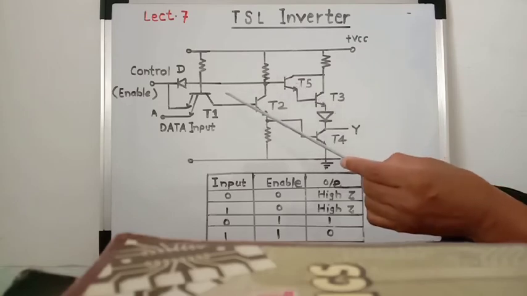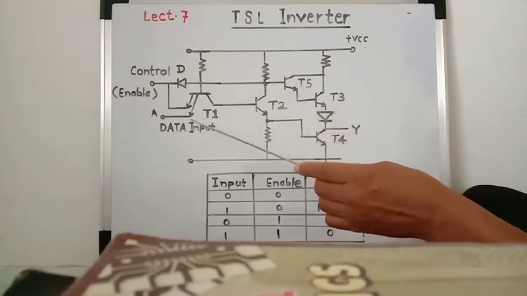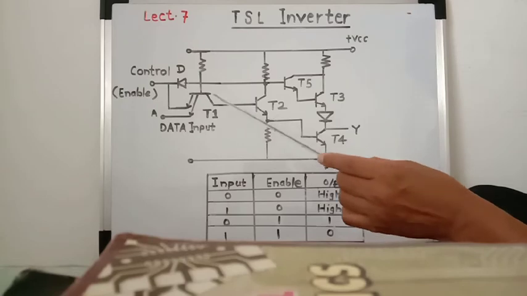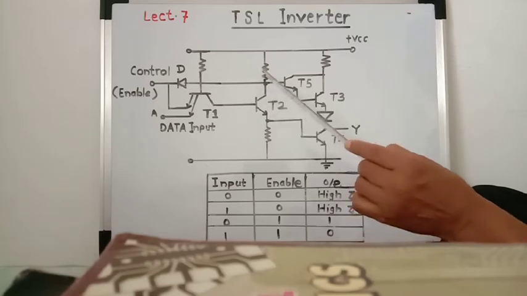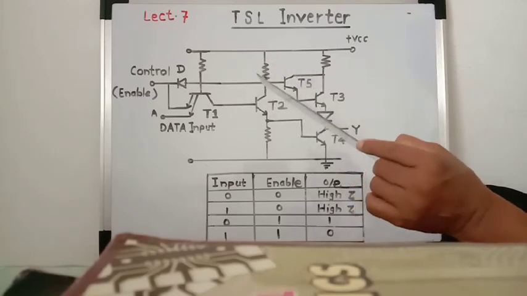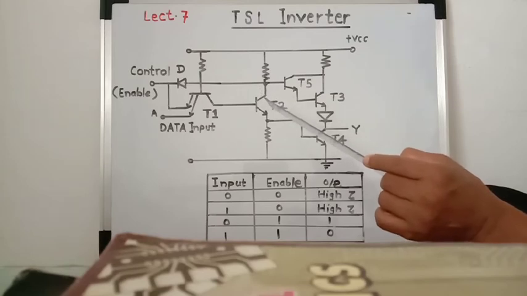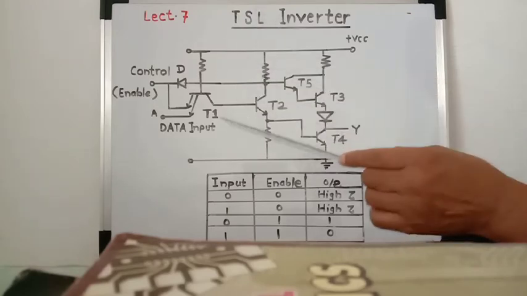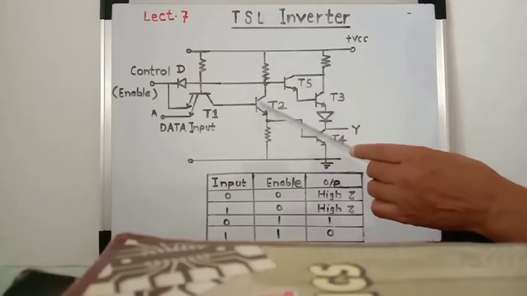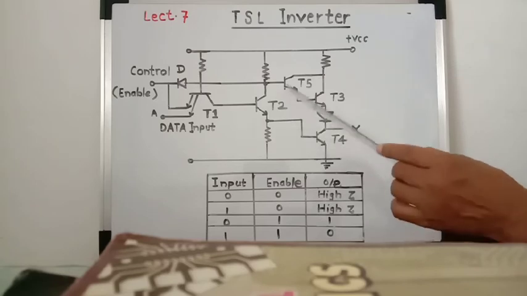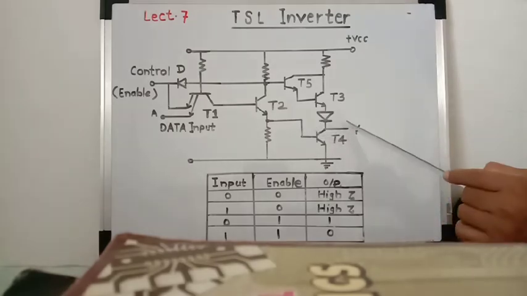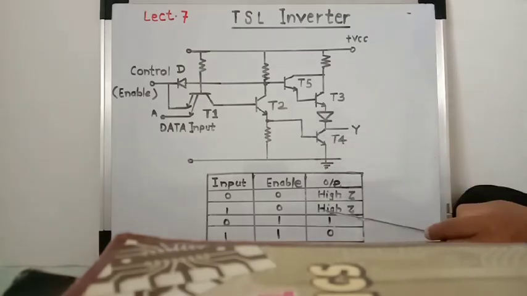Since transistor T1 is cut off, transistor T2 is turned on and its collector potential goes low. Since T5 is cut off and T2's collector is low, transistor T4 is also cut off. So all these transistors are in cutoff states. Therefore, the output Y goes to high impedance.